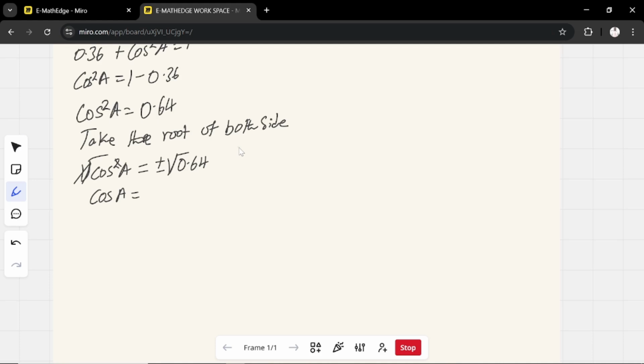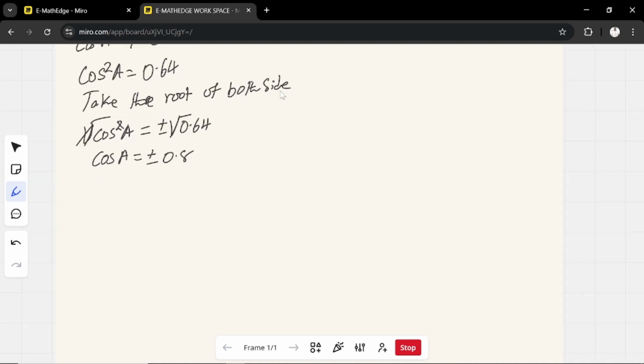The square root of 0.64 is plus or minus 0.8. Mind you, a condition was given earlier in the question that A is in the first quadrant.